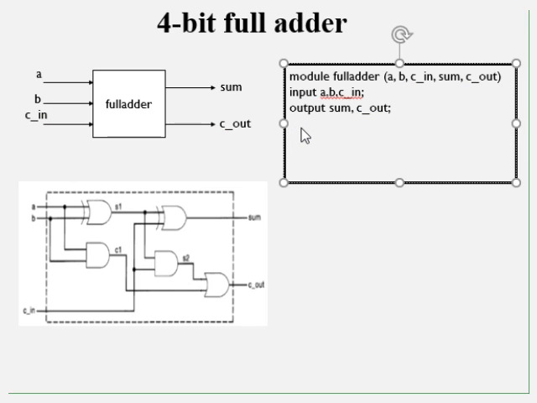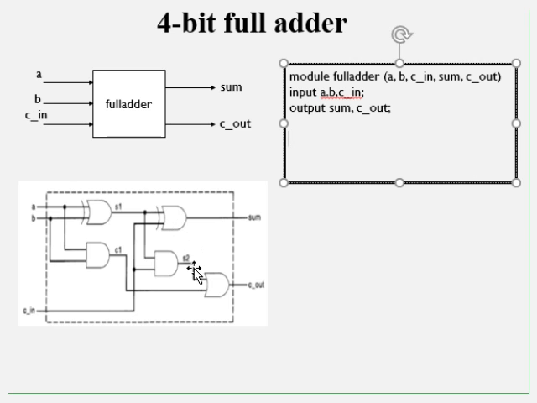Now the implementation of the full adder. Note here we have implemented the full adder using 2 half adders. This XOR gate and AND gate is one half adder, adding A and B, and this XOR gate and AND gate is another half adder, which is going to add the sum of A and B and C in, the input carry.